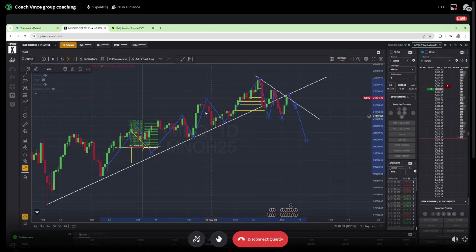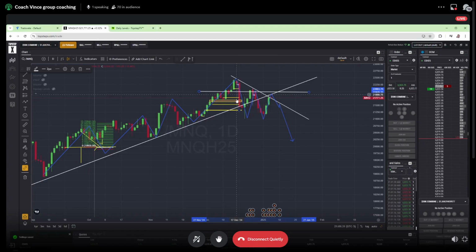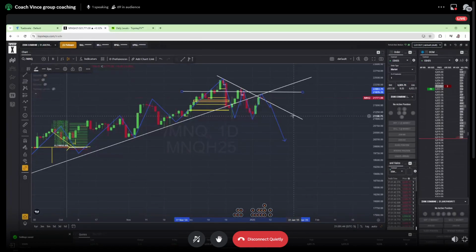Hopefully it ends up with something like that. And then we have this high here. These are almost symmetrical, kind of. So this area, if we stay below this area of 21,962, I kind of like this short side.